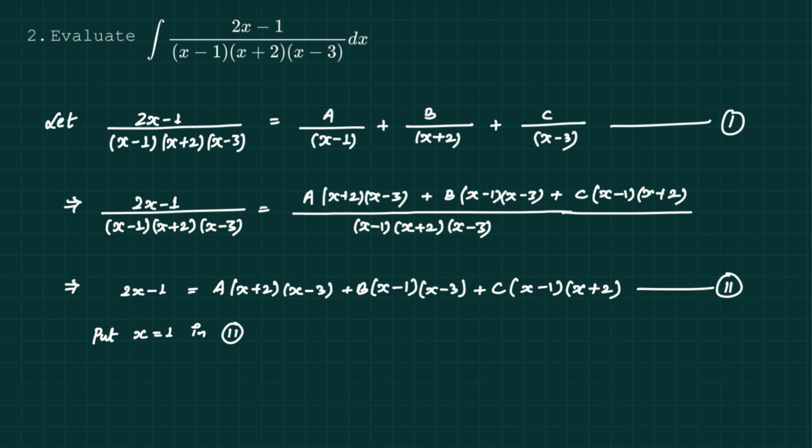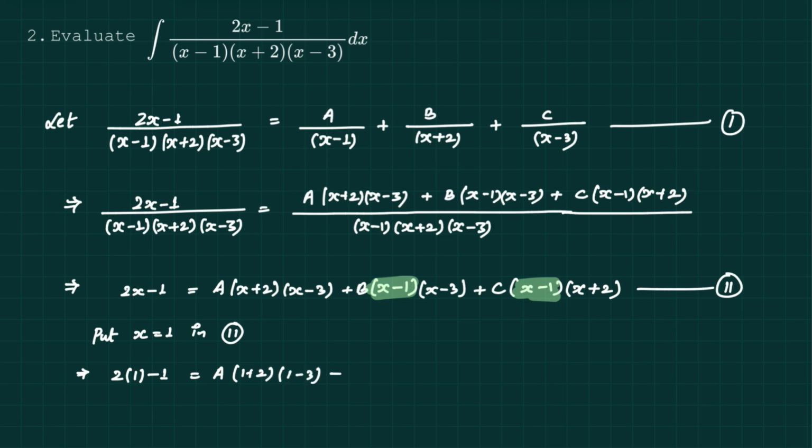On doing so, this term will be 1 minus 1, which will be 0. So everything will be 0, and here also it will be 0. So we will only have a remaining. So putting x equals to 1 in this equation, we have 2 into 1 minus 1 equals a into (1 plus 2) into (1 minus 3).